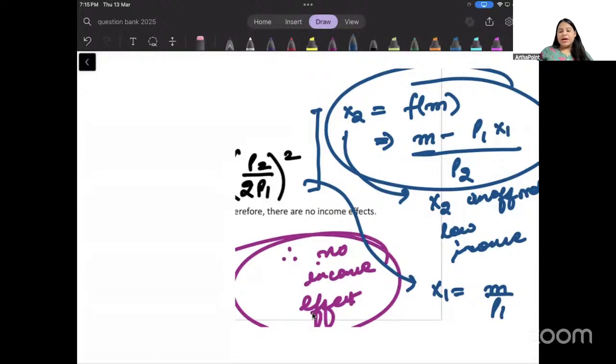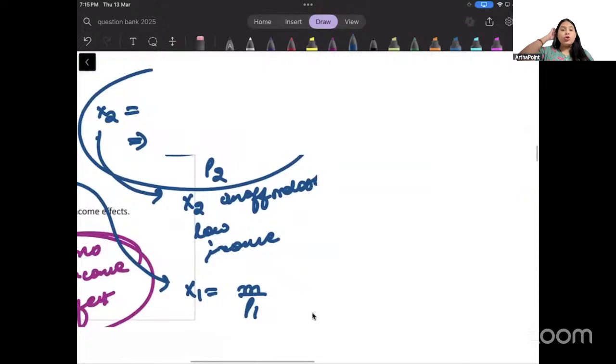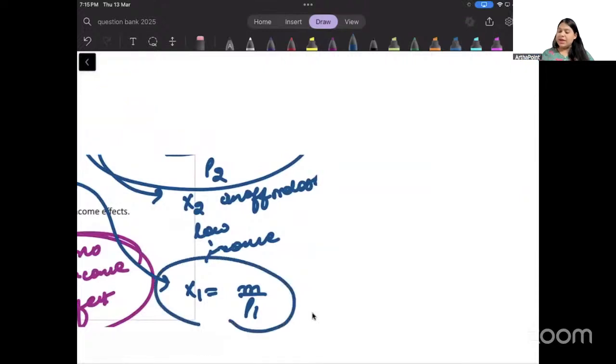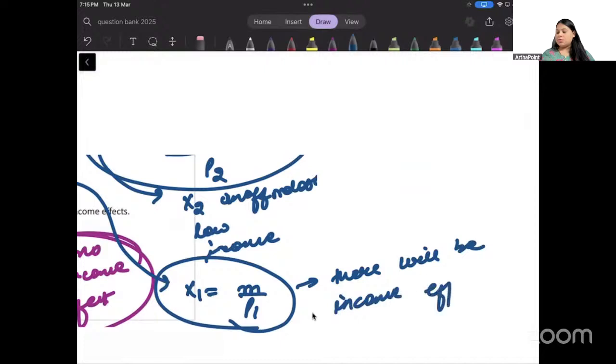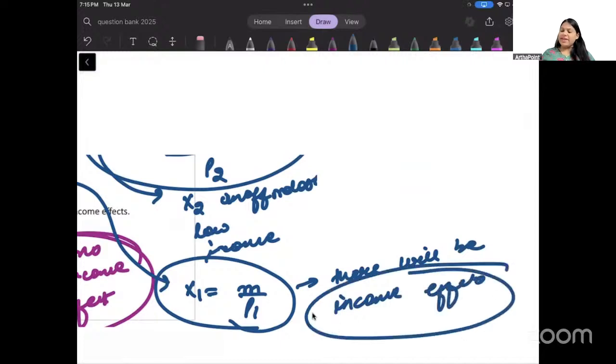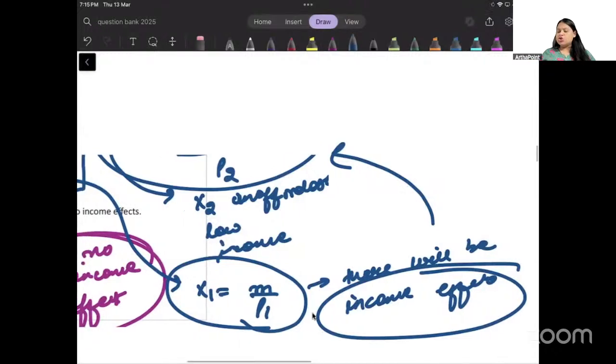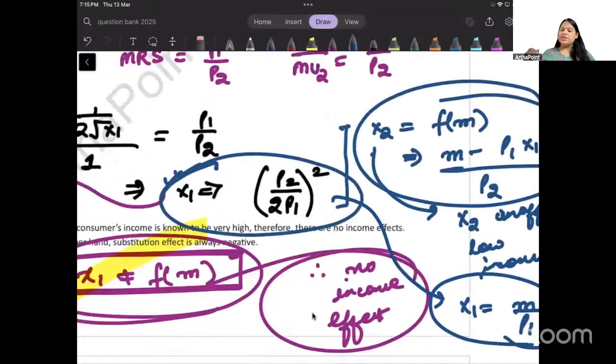है ना? I think there was some issue. So beta, I will be spending my entire income on good one. So then my demand will be M by P1. Then there will be income effect. But वो सिर्फ तब होगा when X2 is unaffordable. Otherwise, अगर आपका income बहुत high है, so your demand for X1 will be this.